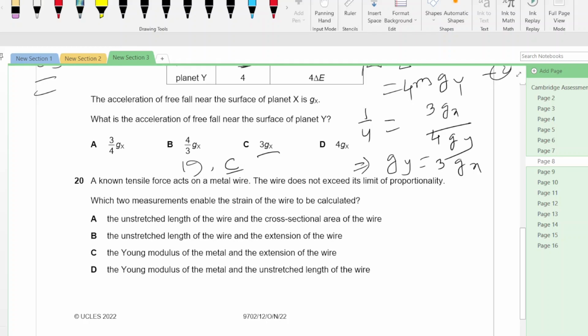Question 20. An unknown tensile force acts on a metal wire. The wire does not exceed its limit of proportionality. Which two measurements enable the strain of the wire to be calculated? You know, strain epsilon equals extension by original length.